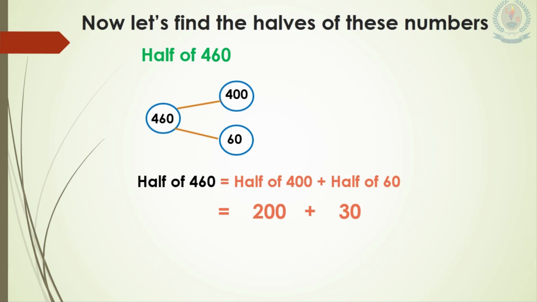And we can add it. Half of 400 is 200. Half of 60 is 30. 200 plus 30, 230. Half of 460 is 230.